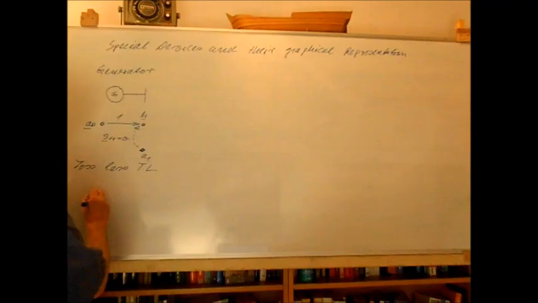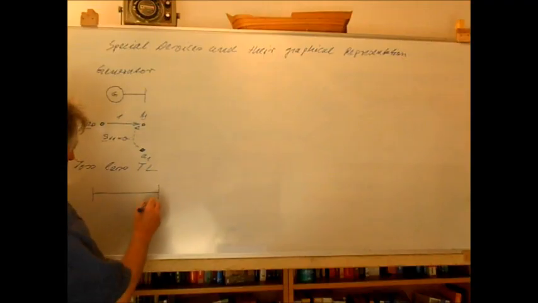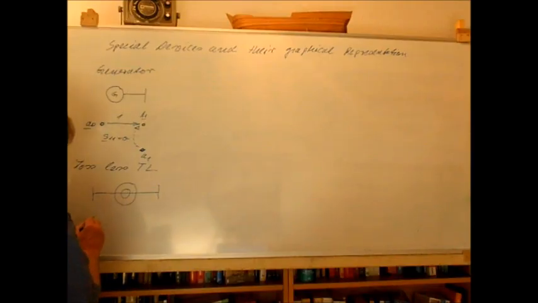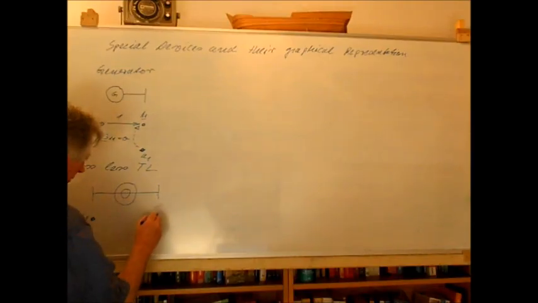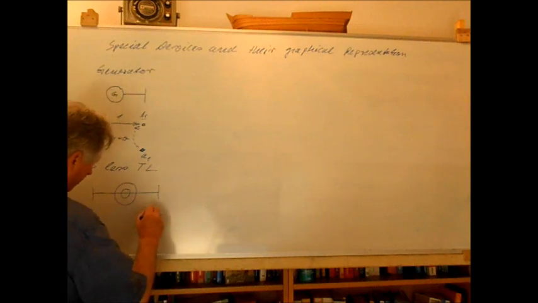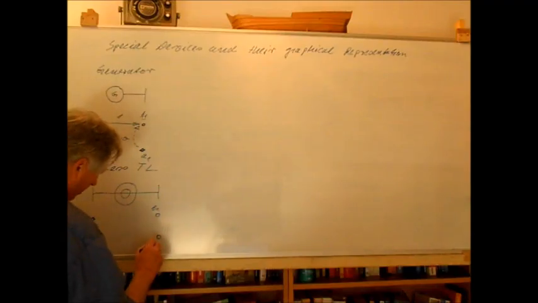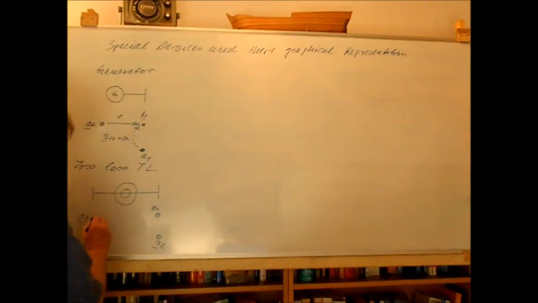The lossless transmission line is in principle a two-port, and for example, sometimes if it's a coaxial transmission line, its cross-section is sketched here, and we will have here the wave amplitude A1, B2, B1, A2, and in between the two waves.